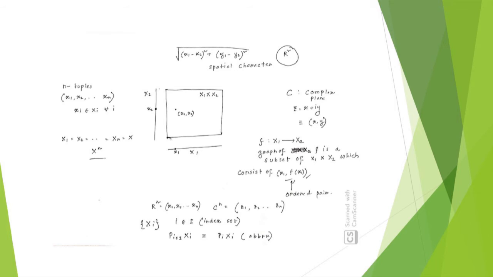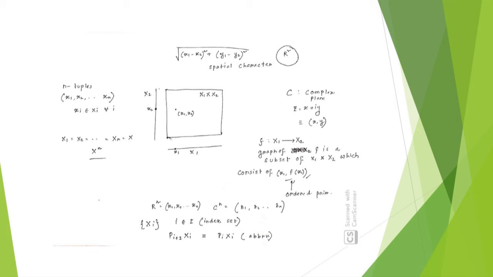Indeed, it may happen that they are all identical replicas of a single set. They are distinguished only by their indices. So we have a non-empty class of non-empty sets Xi.